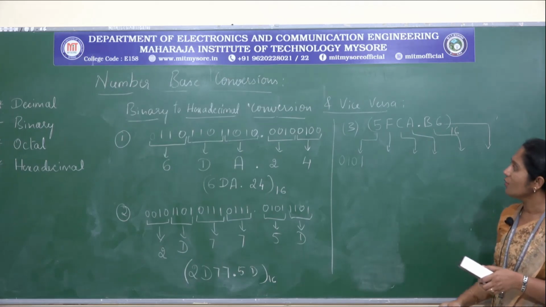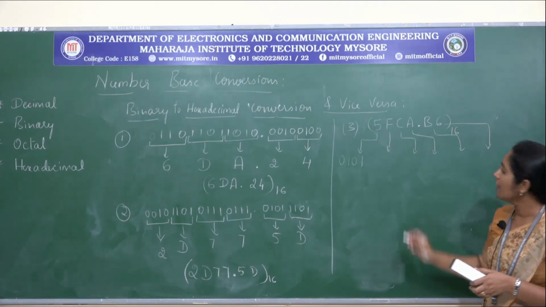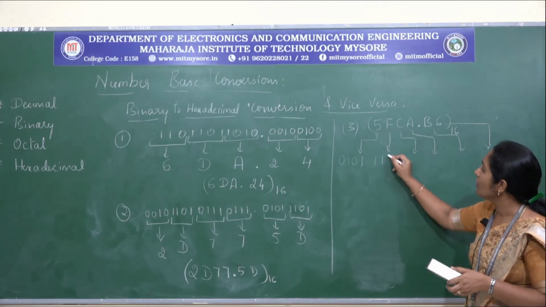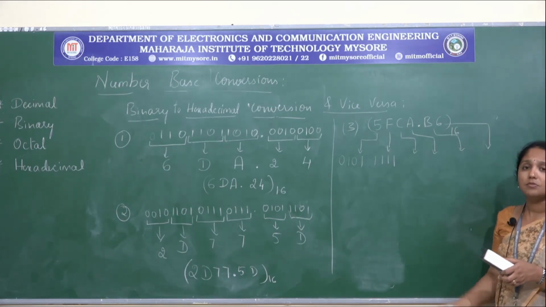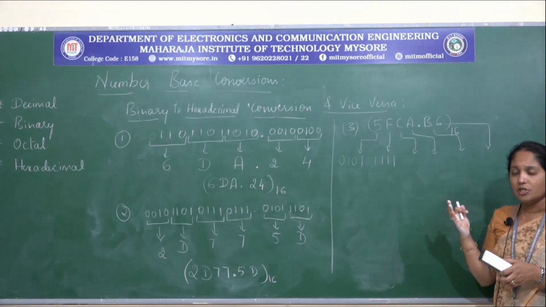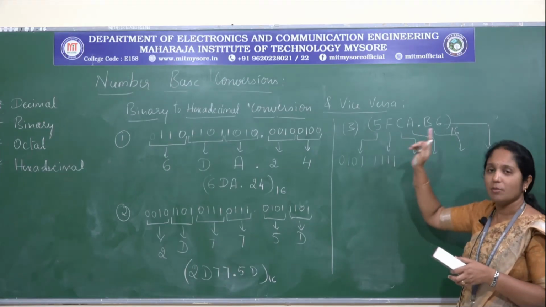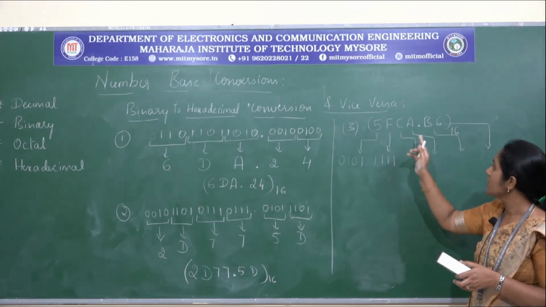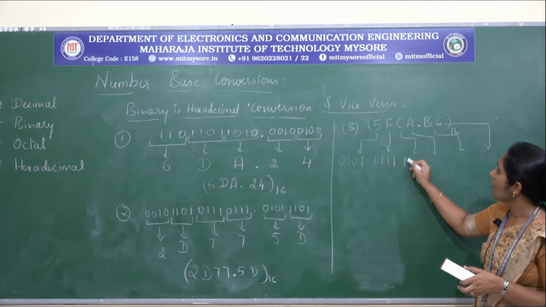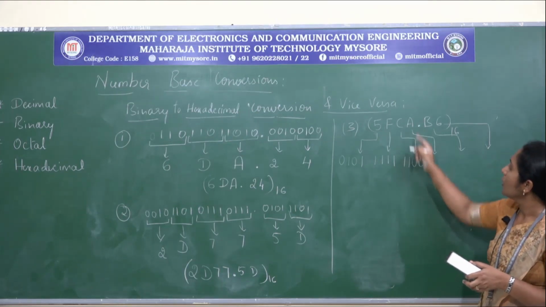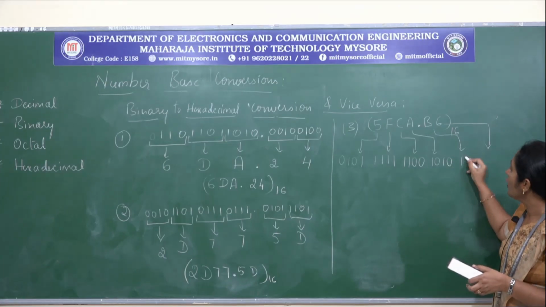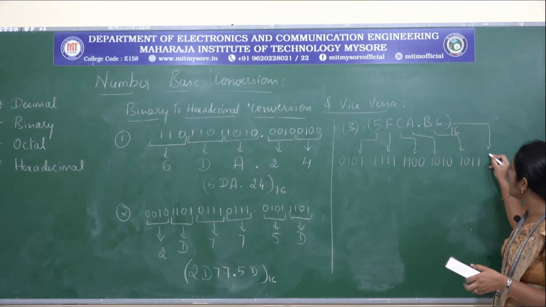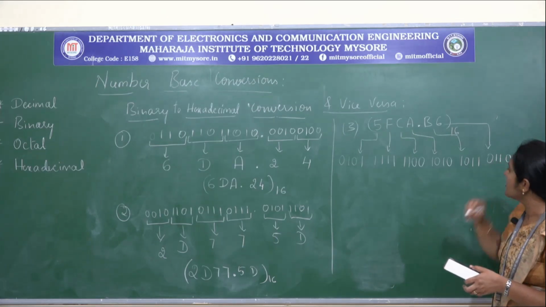So 0101 is 5, next F is 15, 15 is 1111, next C is 12, A is 10, B is 11, so C is 12, so 12 is 1100. Next A is 10, 10 is 1010, B is 1011, 6 is 110, but we need to write 0110.